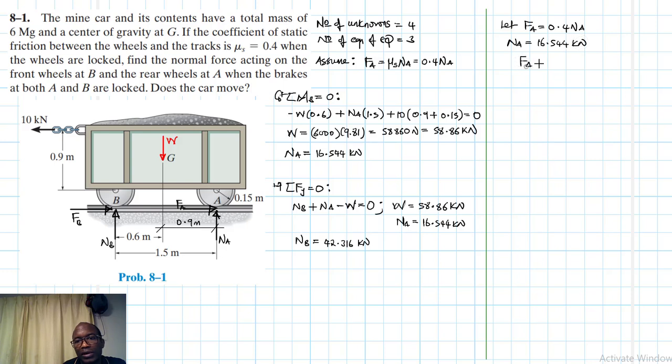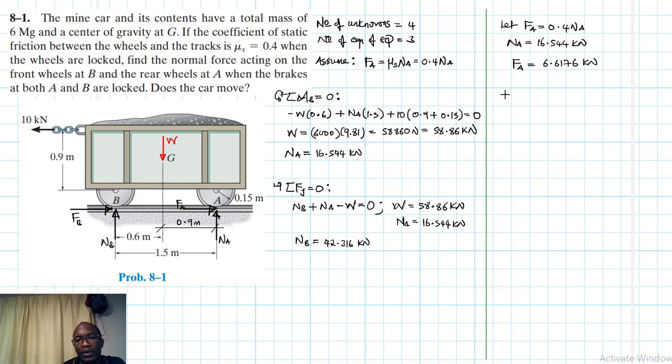Therefore, our FA will just be equal to 0.4 by 16.544. So FA is just going to be equal to 6.61. Of course, you can round this off to just 2 decimal places. You don't have to do this. 6.6176 kilonewtons.